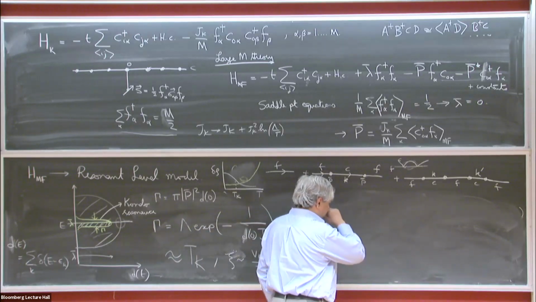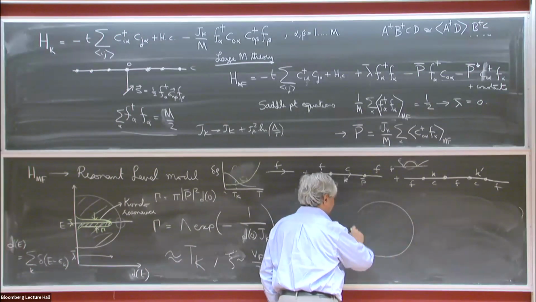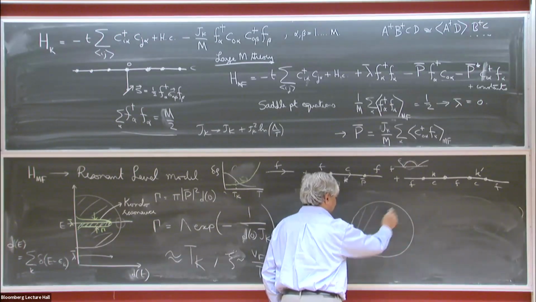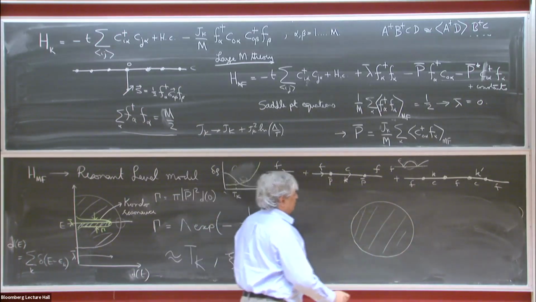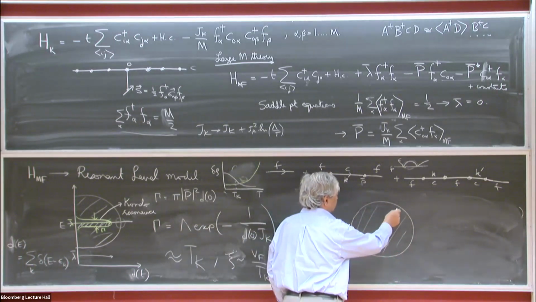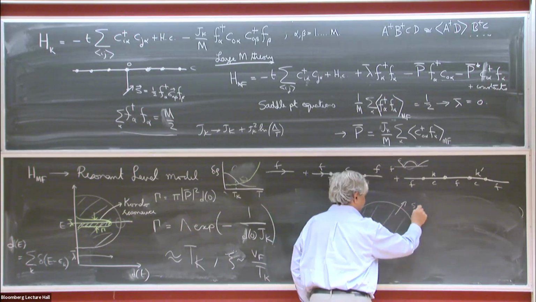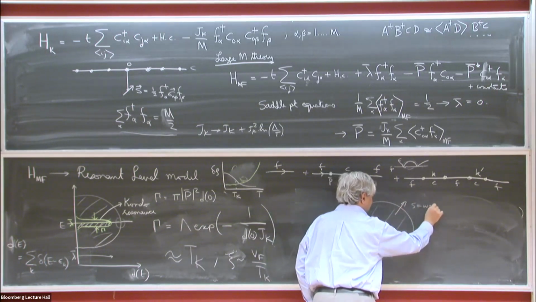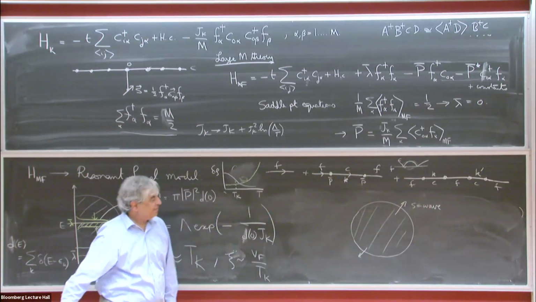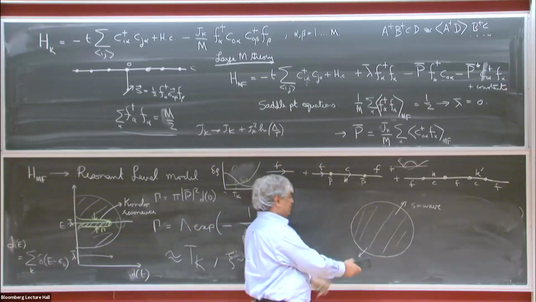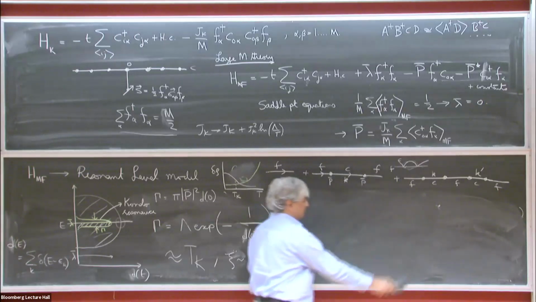The way you think about it is you have this Fermi surface of conduction electrons. That's just the C particles. The first thing you do is you only look at the radial motion in S wave. So you take only S wave particles, and you just look at the radial motion. So you can replace the whole three-dimensional Fermi sea by a one-dimensional Fermi sea, because you're only looking at the S wave channel.